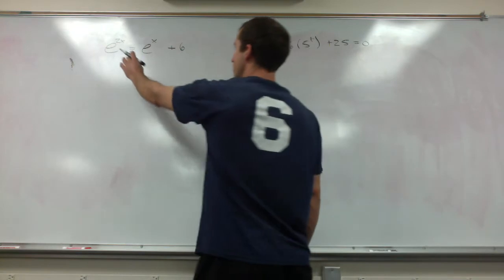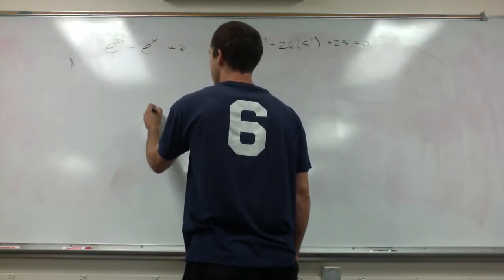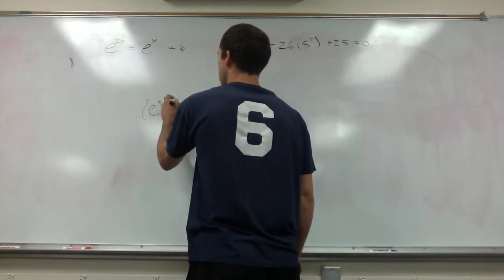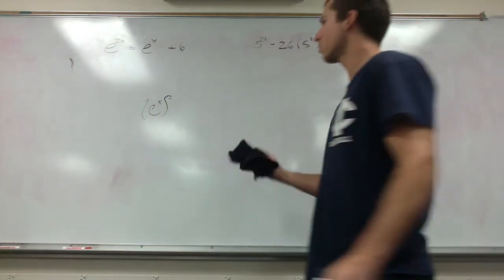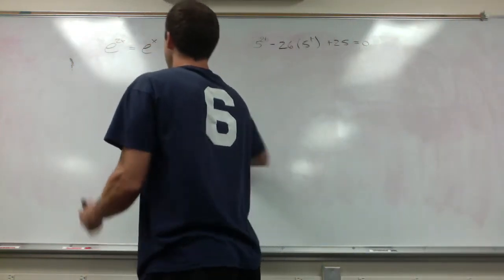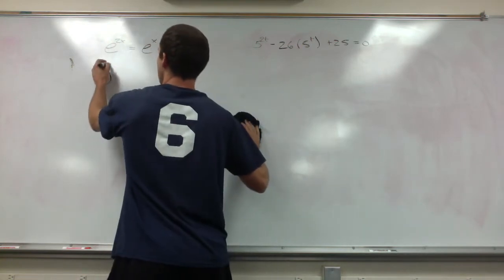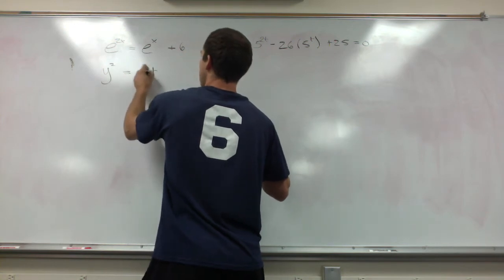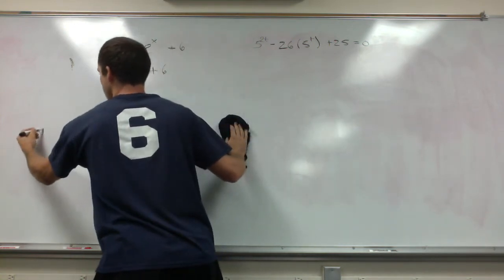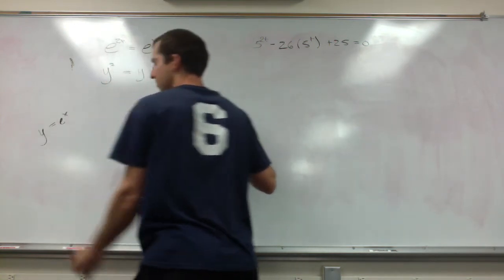The first thing I notice is that e to the 2x is really just e to the x squared, so it's something squared. So what I can think about is rewriting this as y squared equals y plus 6, where y is just e to the x.